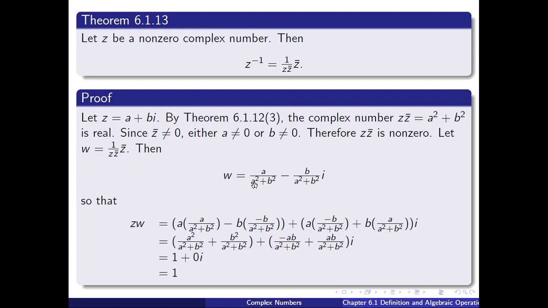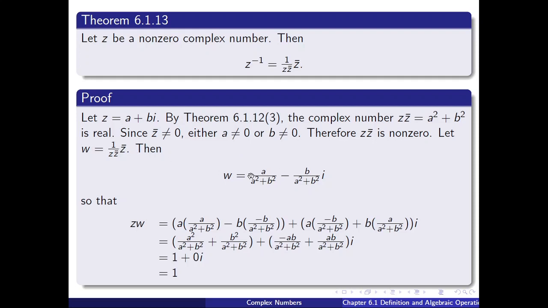Then w is equal to 1 over a squared plus b squared, and then we know that the conjugate of z will be a minus bi.